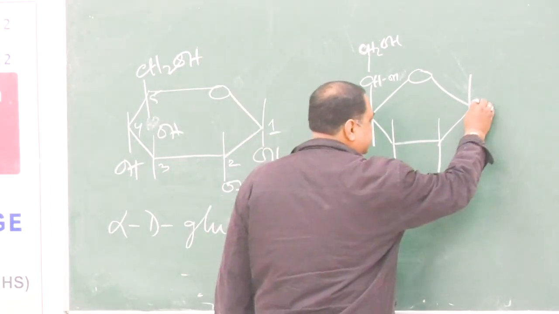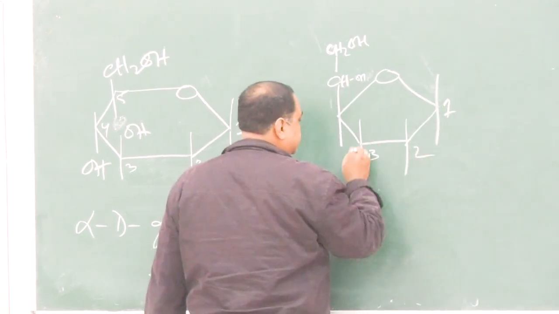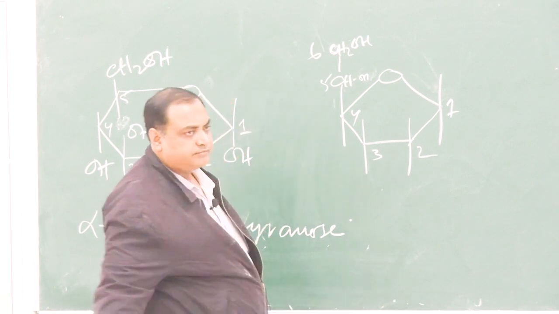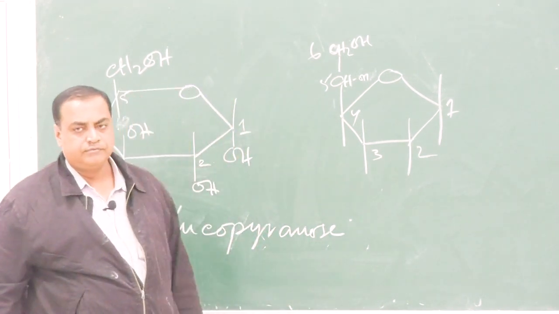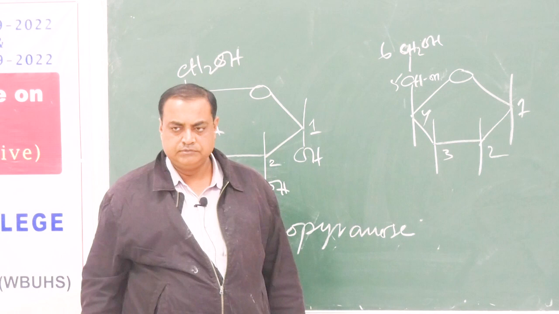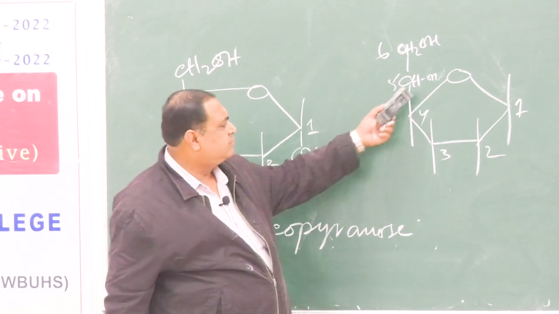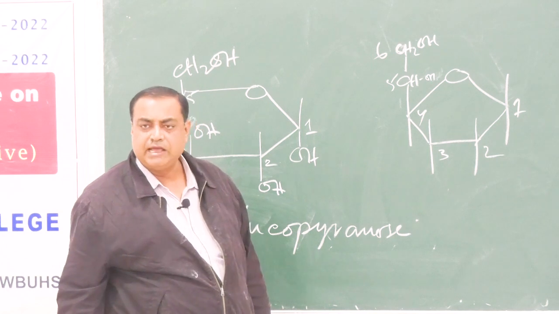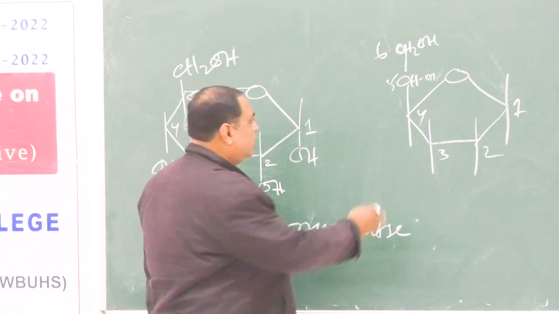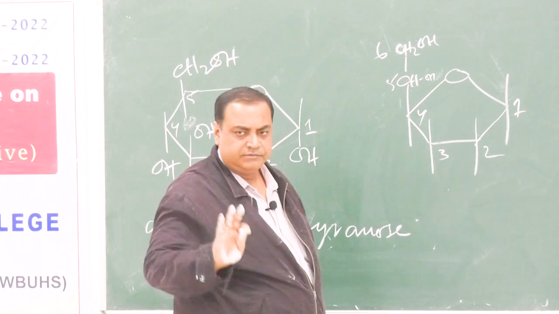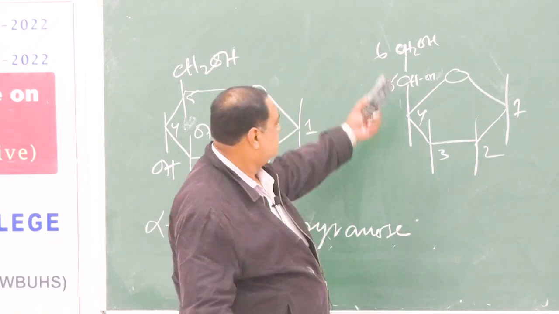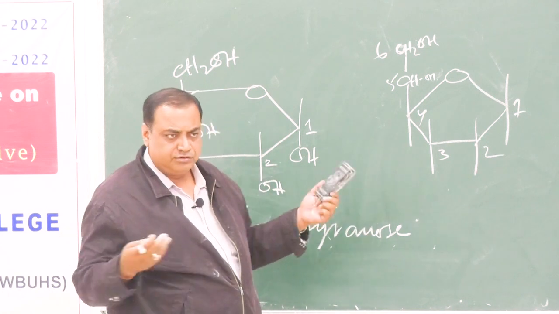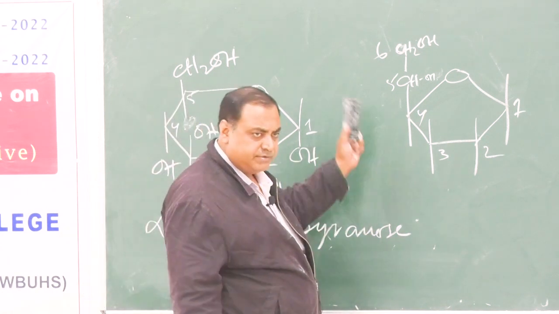For furanose, this is C1, C2, C3, C4, 5 and 6. Five remains with OH on the right hand side because it is in D form. Had it been L form, I should have drawn OH on the left hand side. Clear? C6 as usual is not a chiral center, so no issue of OH having sides.